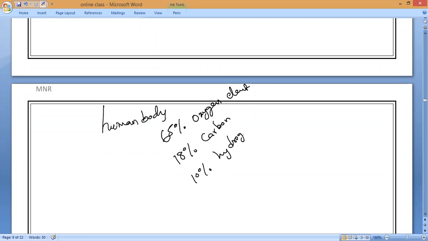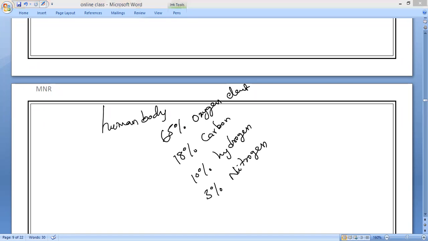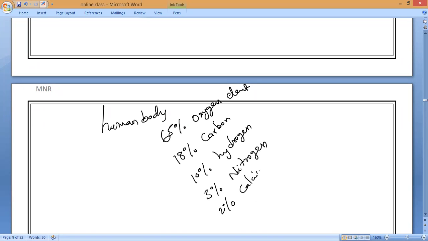Totally how much remaining? 3% nitrogen. Our body is made up of complex substances, so this complexity will be like this composition. Next, 2% calcium and 2% other elements.